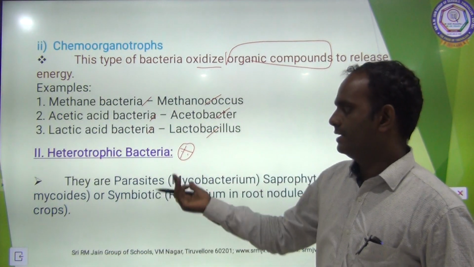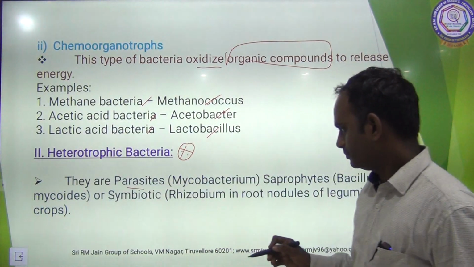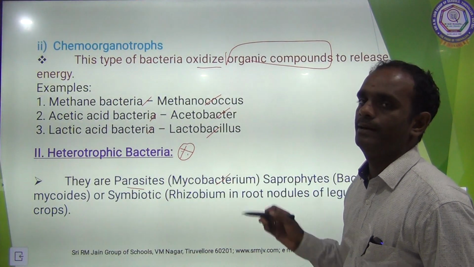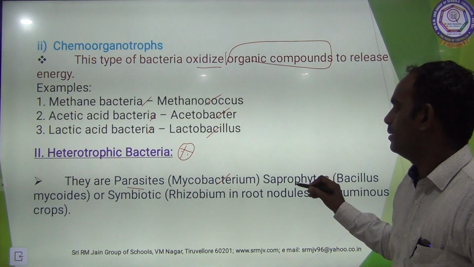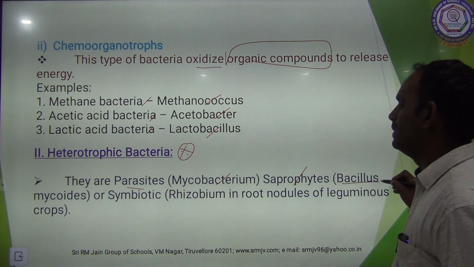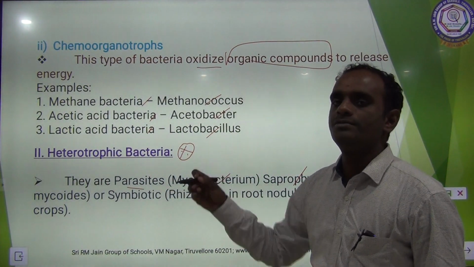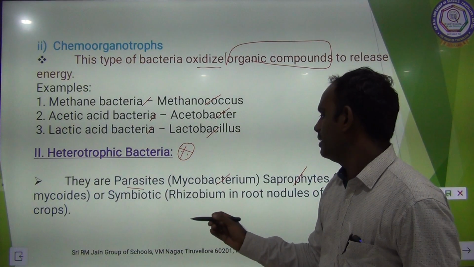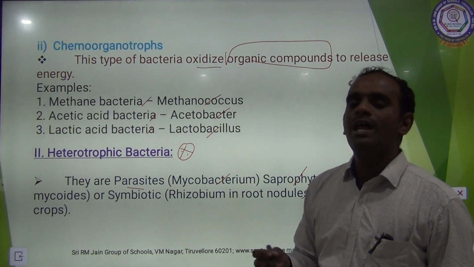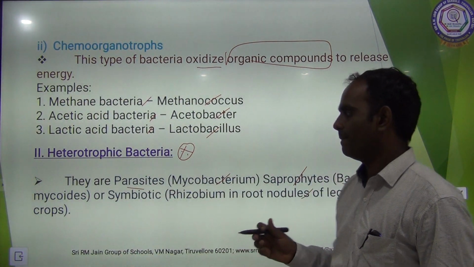Clear, children? Some are parasites, example Mycobacterium. Some are saprophytes, example Bacillus mycoides. And some are symbiotic, present in the root nodules of leguminous plants.